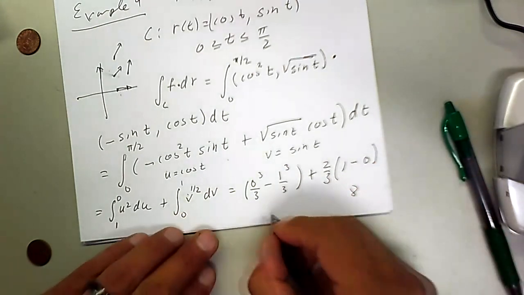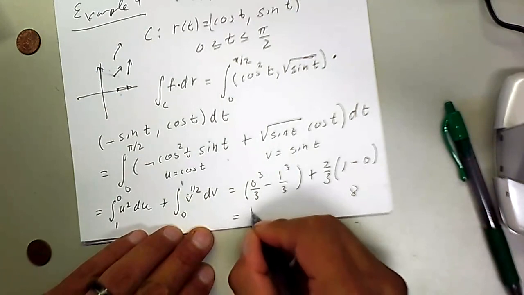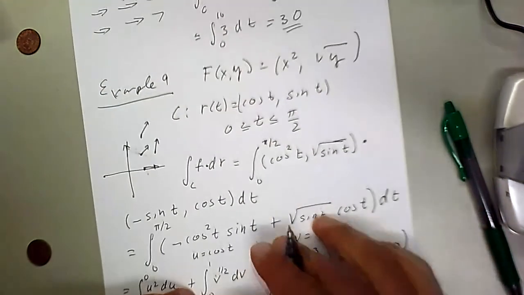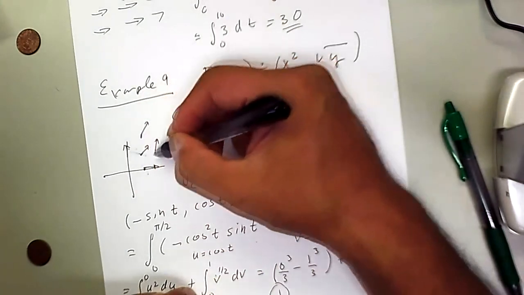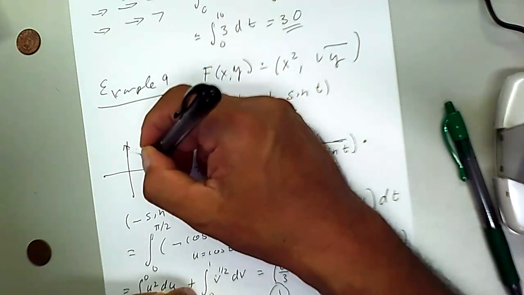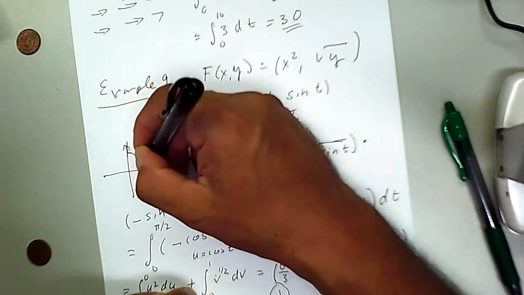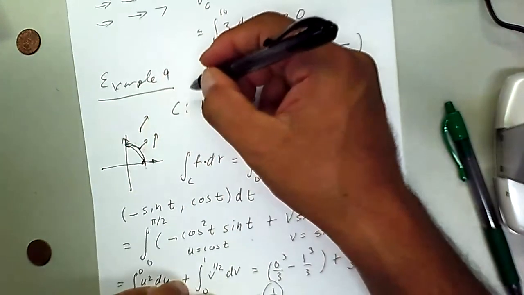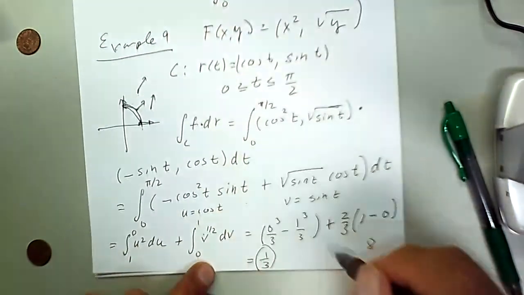Well, at the end, the final answer is 1/3. So the contribution of all those vectors on the path going around a quarter of a circle on this path, or this motion, will be 1/3.